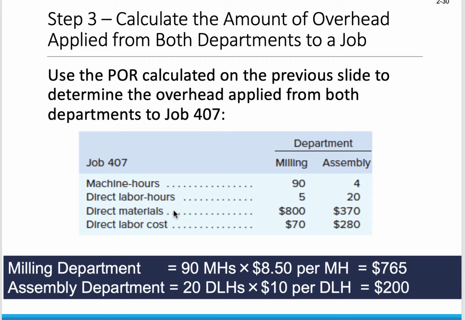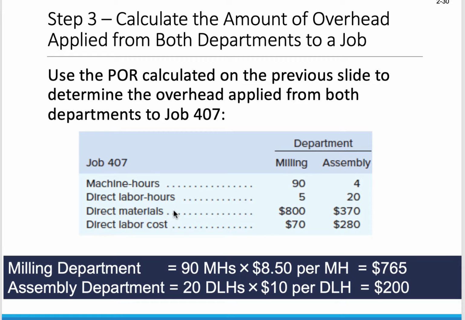They provide us the direct material cost that each department puts into the product, as well as the direct labor cost that each department applies to this job. So we're going to have to allocate the predetermined overhead rate twice, based on each department.